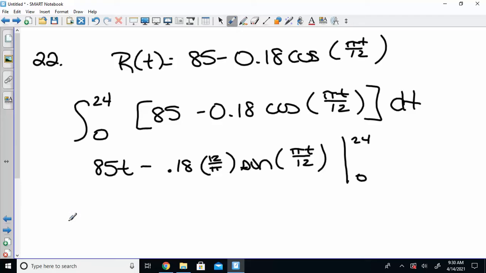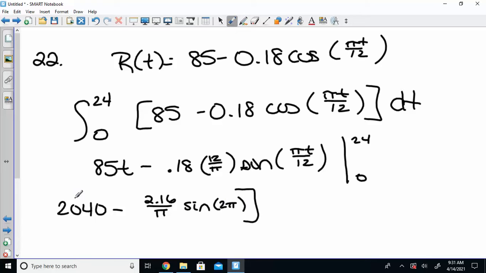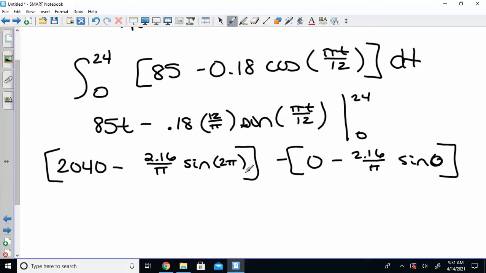So again, probably not the nicest numbers. 85 times 24 is 2040, minus 2.16 over pi times sine of 24 pi over 12, which is 2 pi, minus, if you put in 0, you get 0 minus 2.16 over pi sine of 0. 2 pi and 0 are at the same spot on the unit circle.